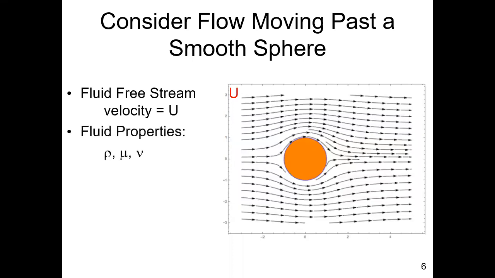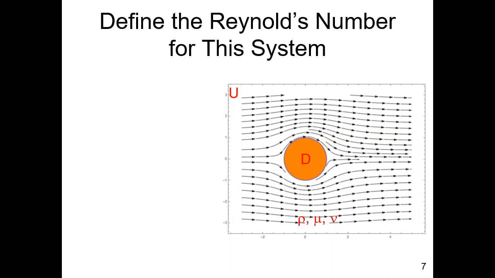The fluid has fluid properties: density, viscosity, kinematic viscosity. And lastly, the sphere diameter is going to be capital D. I think that's all pretty easy to understand.